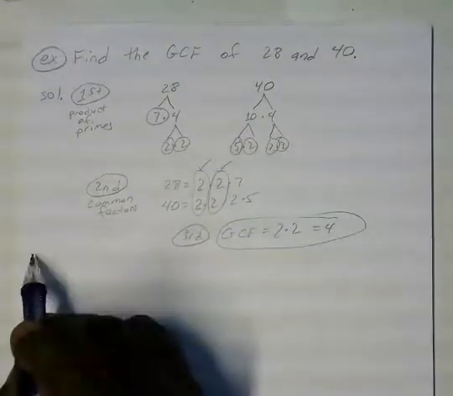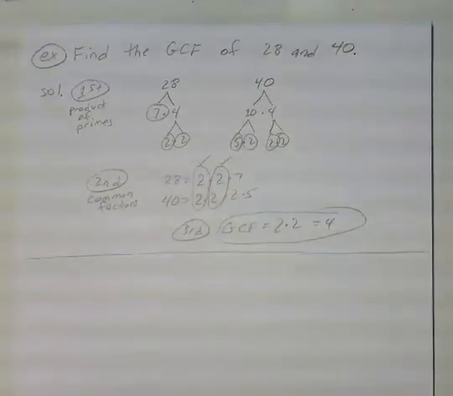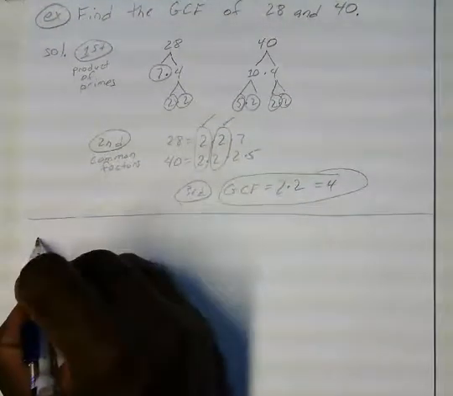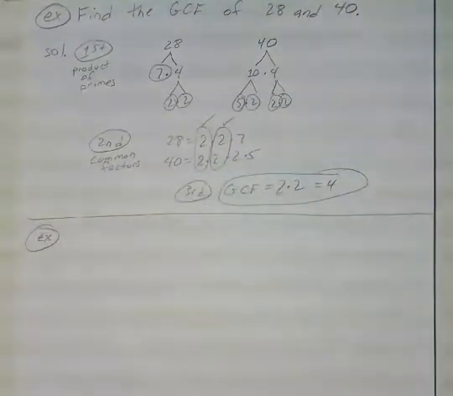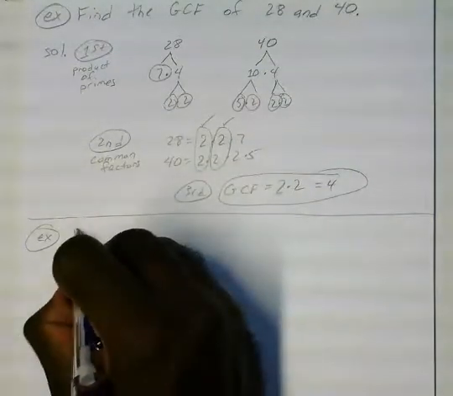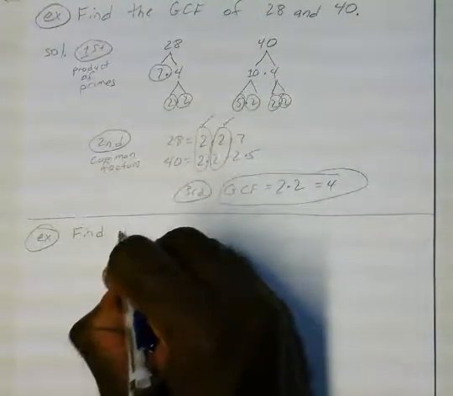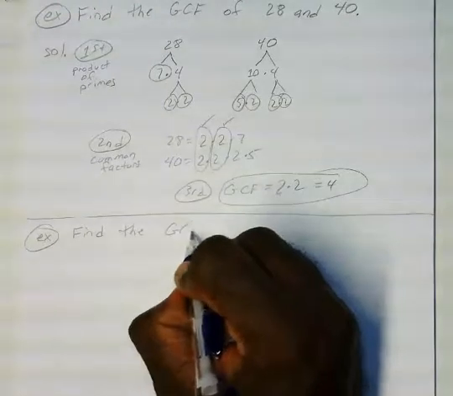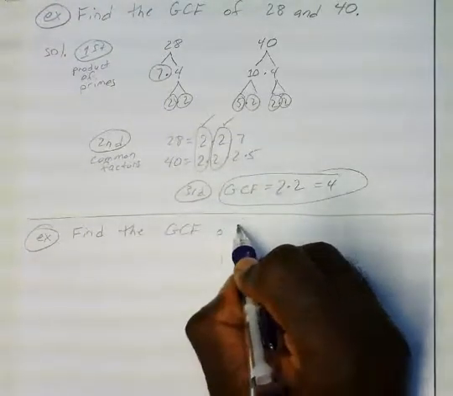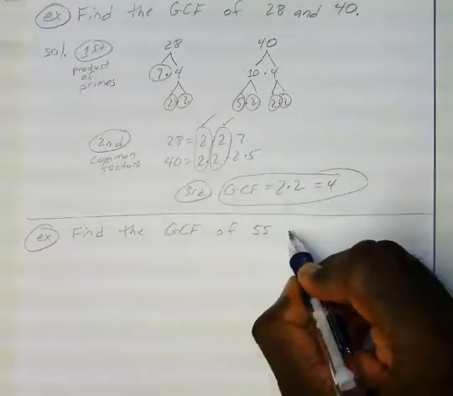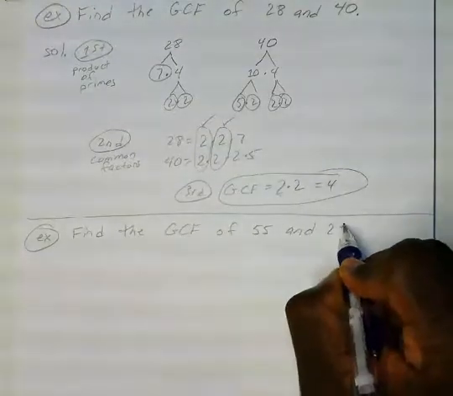All right, let's do another example. Let's say you want to find the greatest common factor of 55 and 21.